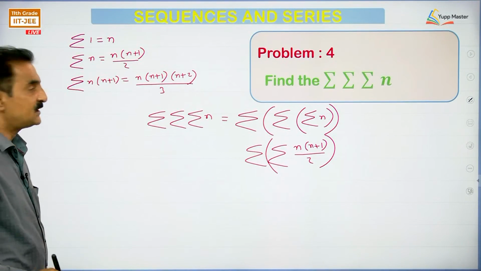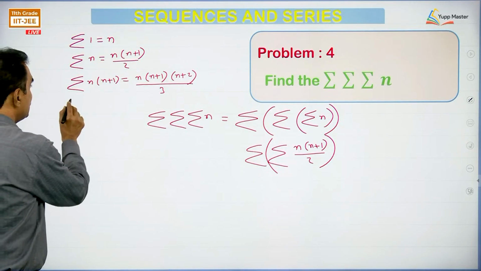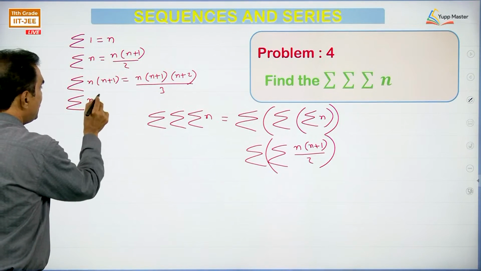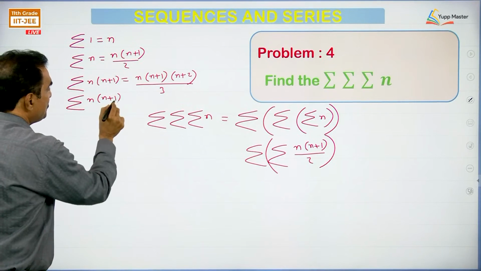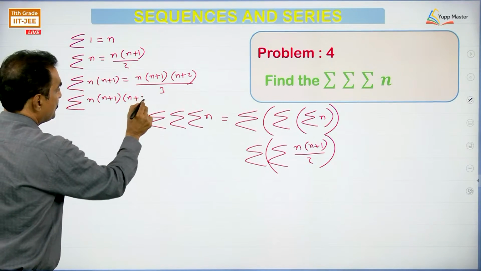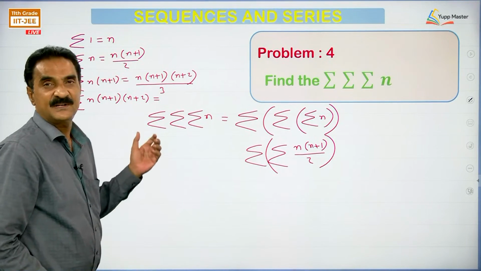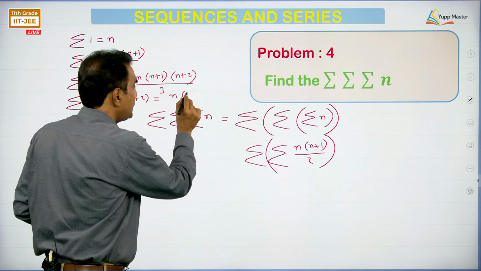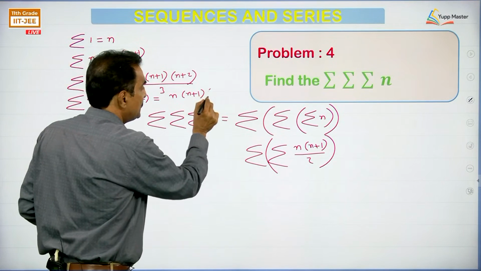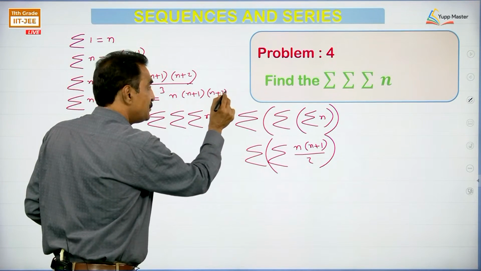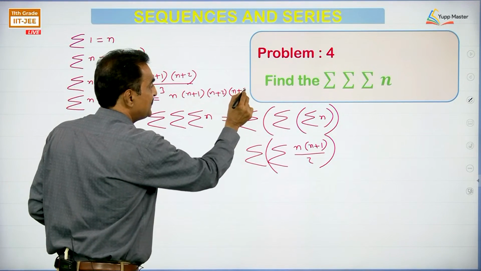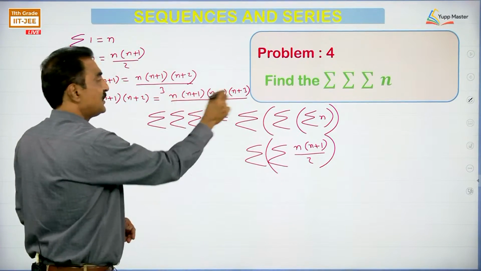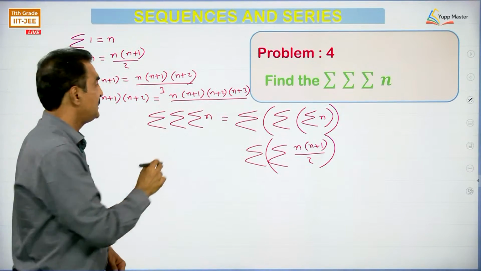Similarly, one more result also we have discussed, that is sigma n into n plus 1 into n plus 2. It is nth term into n plus 1 into n plus 2 into next factor n plus 3 by total number of factors in numerator, it is 4.